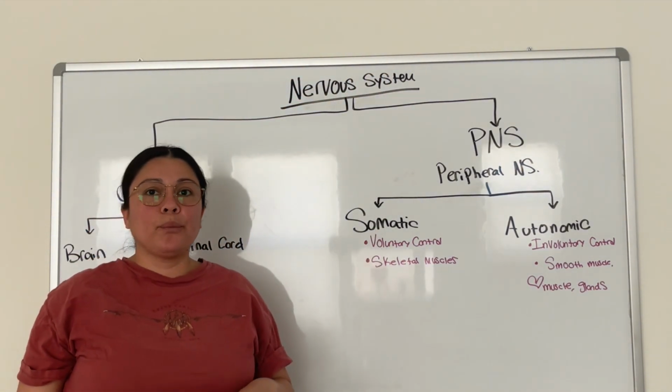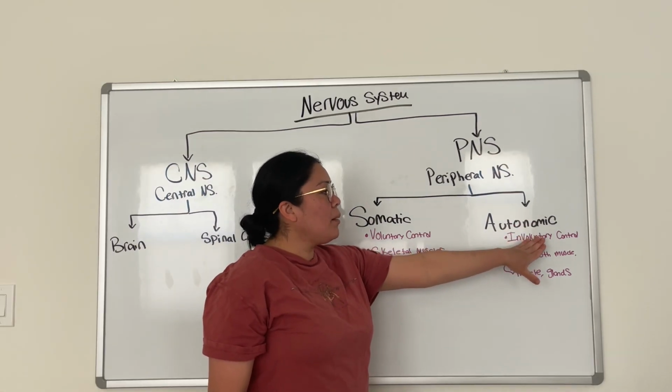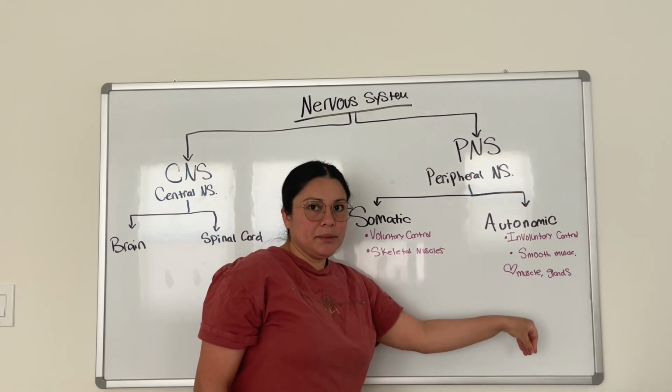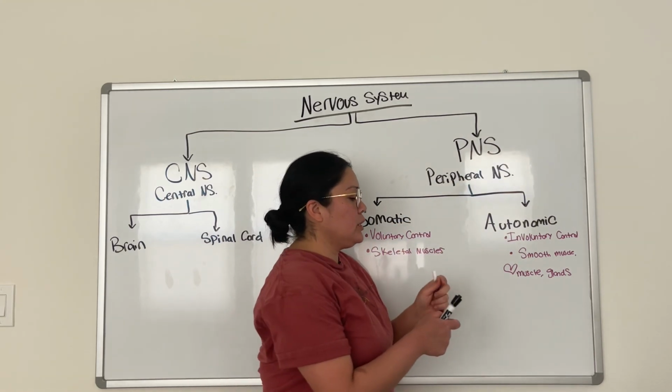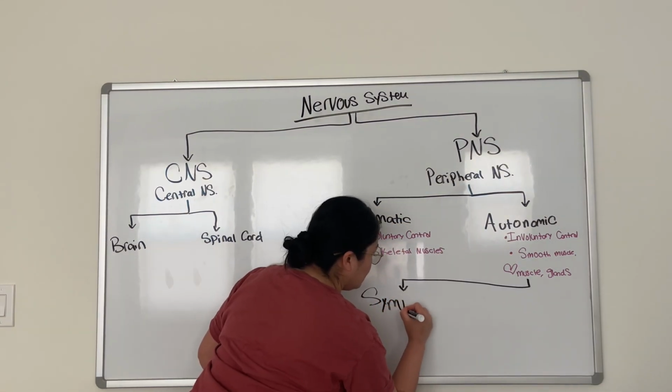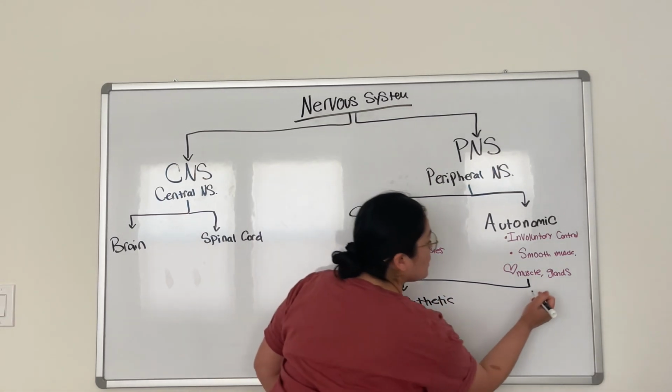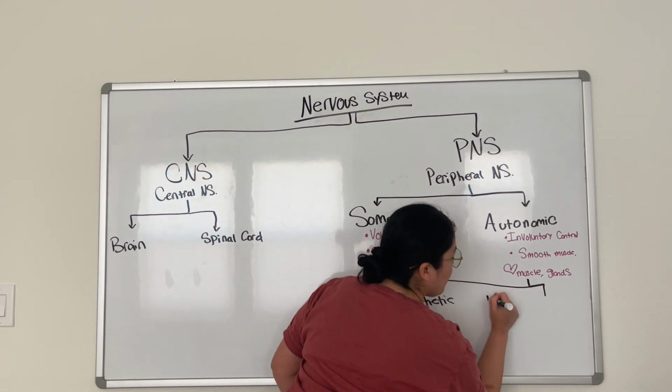Okay, so autonomic, involuntary control, further subdivides into two other categories: sympathetic and parasympathetic.